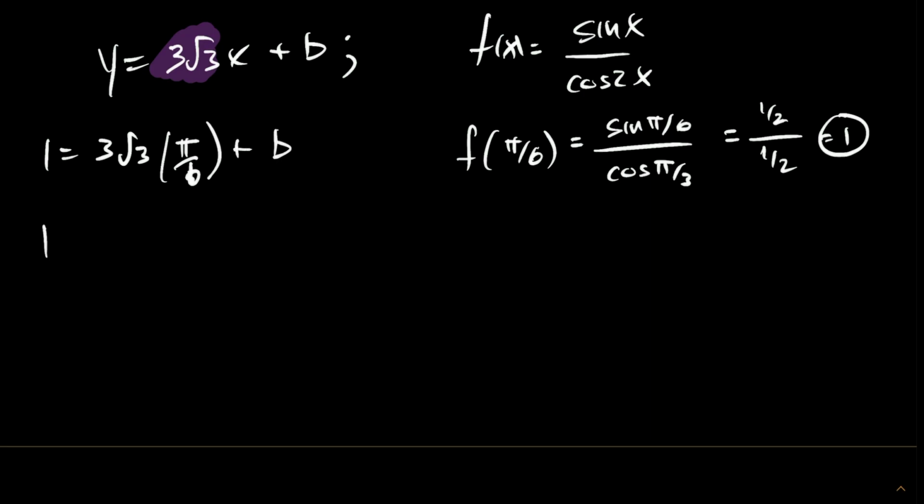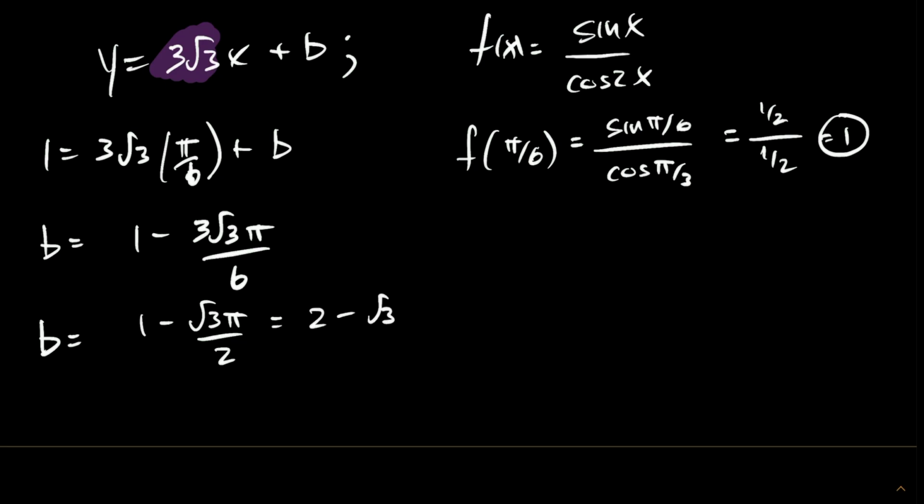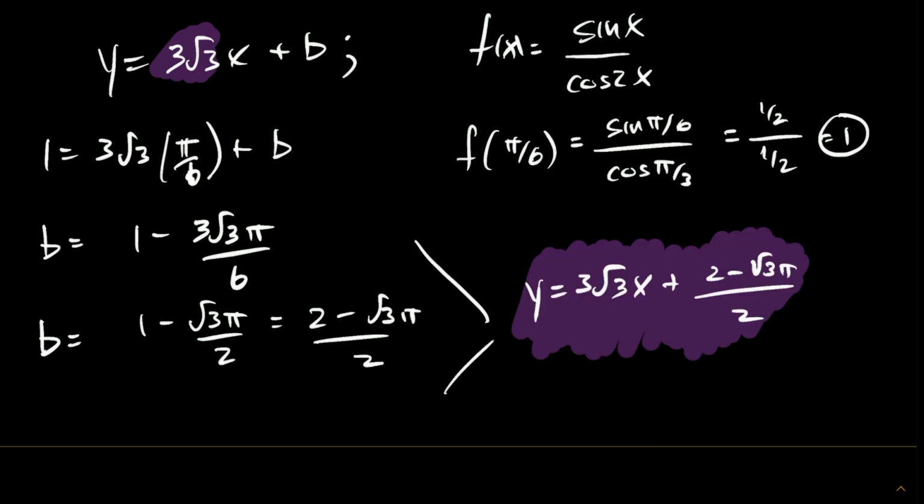So therefore my y-intercept here is going to equal 1 minus 3 root 3 pi over 6. Getting a common denominator here, we end up getting 1 minus root 3 pi over 2, which is 2 minus root 3 pi over 2. So the linear equation is y equals 3 root 3x plus 2 minus root 3 pi all over 2.